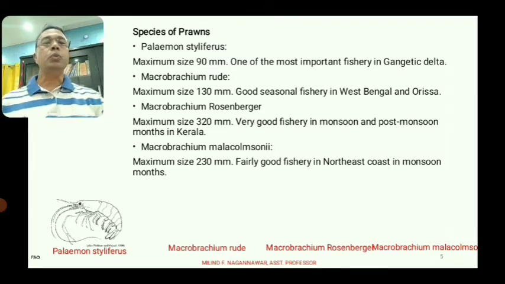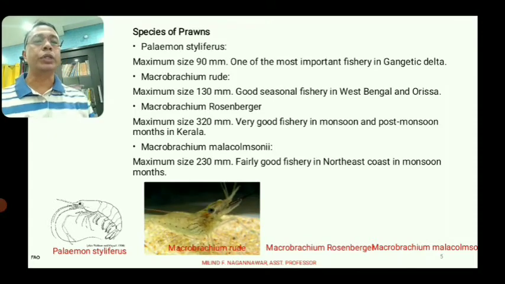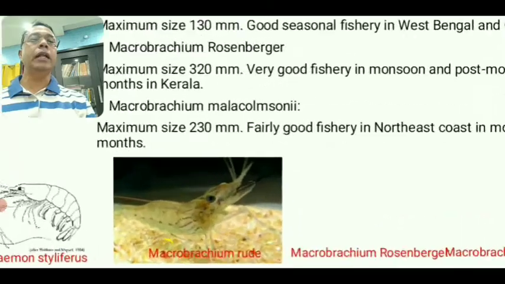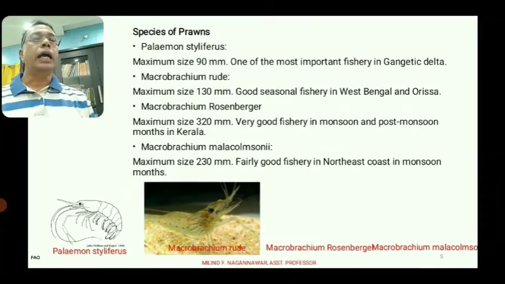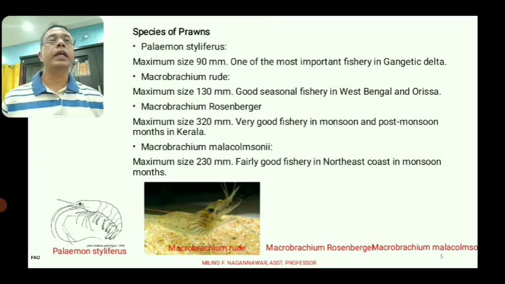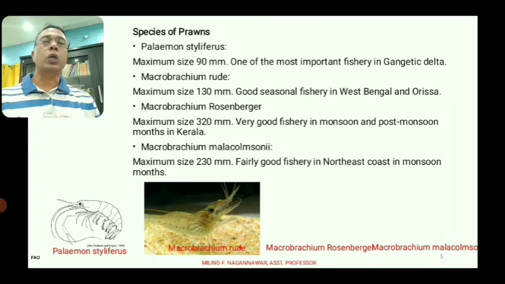Then the second one is Macrobrachium rude. Macrobrachium rude is also a seasonal prawn, and you will find good fishing in West Bengal and Orissa. It grows up to the maximum size of 130 millimeter.